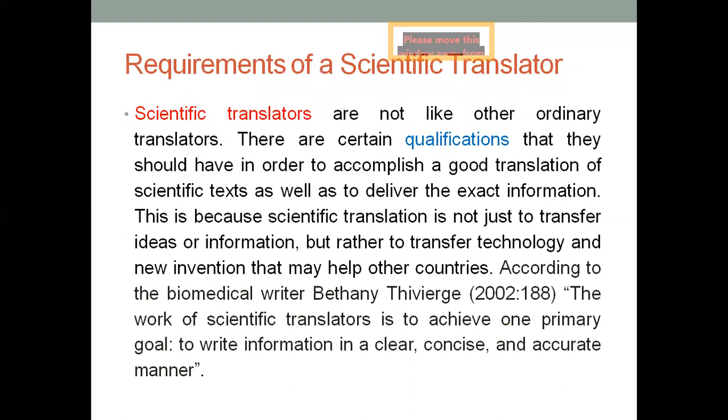Okay, now what are the requirements of a scientific translator? Actually, we said scientific translators usually do not deal with known or ordinary texts, but they deal with texts that include new inventions, new thoughts, new discoveries, and so on.